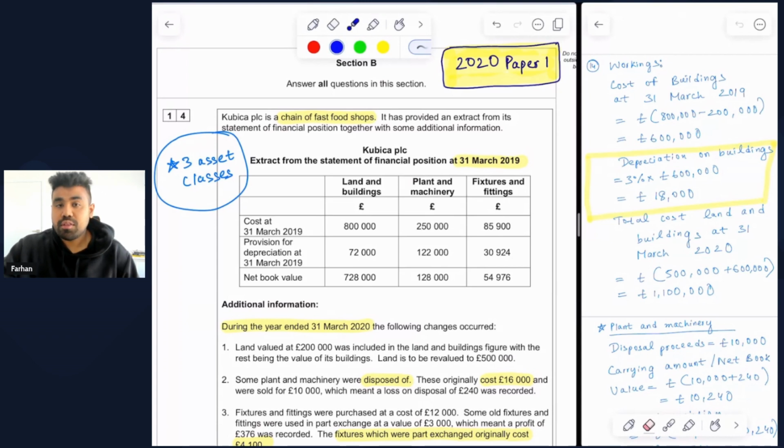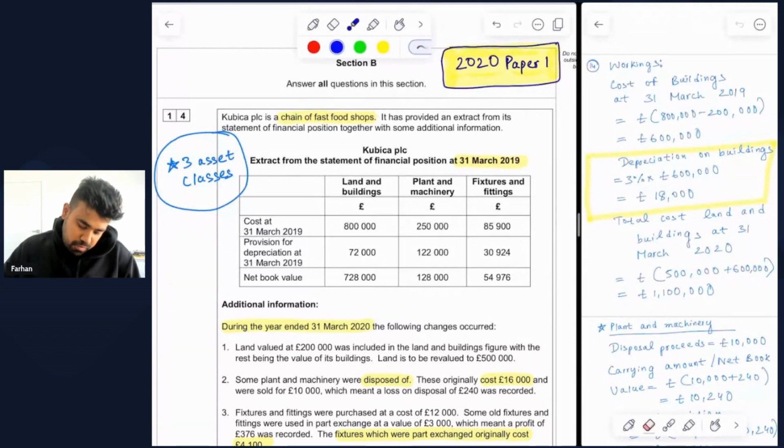And we calculated this based on the straight line method, and the straight line method simply applies the percentage on the original total cost. And the disposal that we have subtracted here for the old fixtures and fittings was £1,476, which is again what we have figured out based on all the calculations that we have done here.